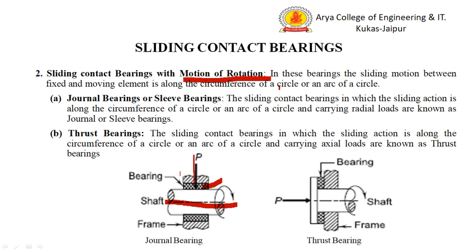So these bearings are called journal bearing. So what is journal bearing? Journal bearing is basically the sliding contact bearings in which the load is perpendicular to the axis of the shaft and the sliding action is along the circumference of a circle.